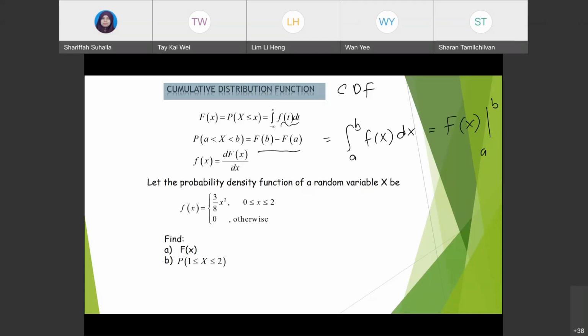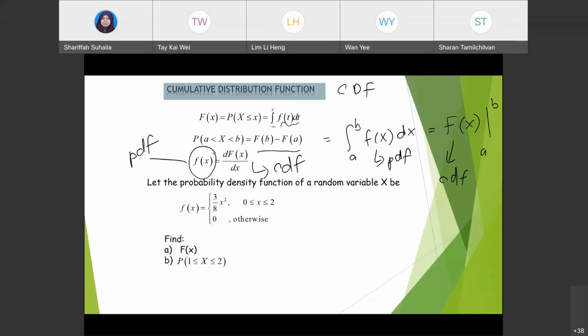Integration from a to b of small fx is your PDF, and this is your CDF; that is the relationship. If you have capital Fx and you differentiate with respect to x, you get back your small f, which is your PDF.